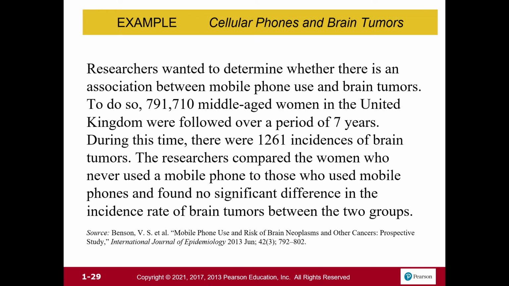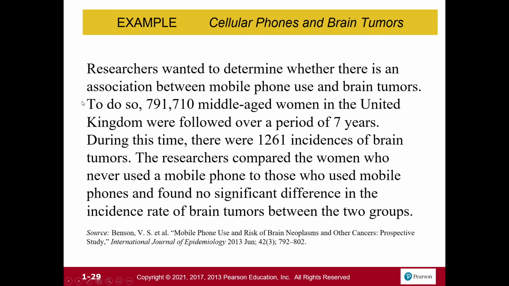And here we have an example, and as you can see, let's just go through this example. Okay, so it says researchers wanted to determine whether there is an association between mobile phone use and brain tumors. So to do so, 791,710 middle-aged women in the UK were followed over a period of 7 years.